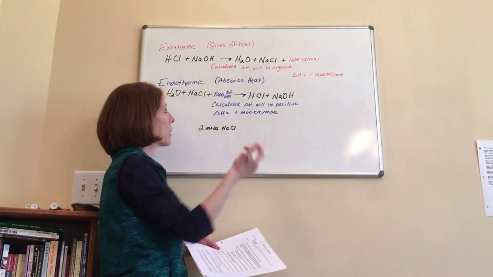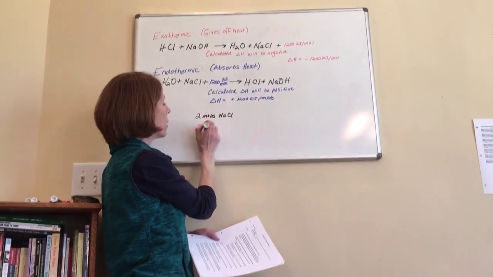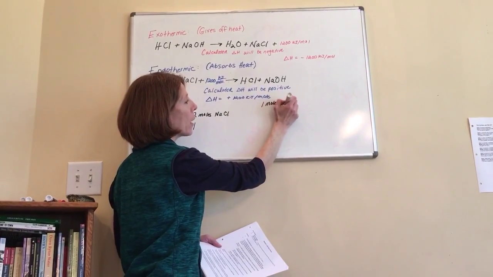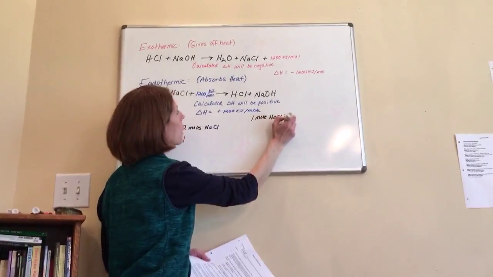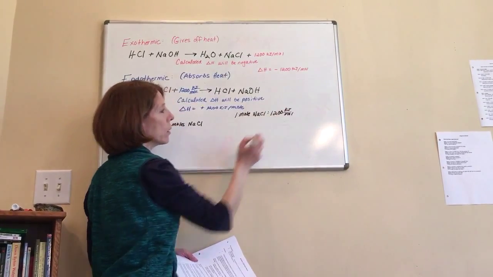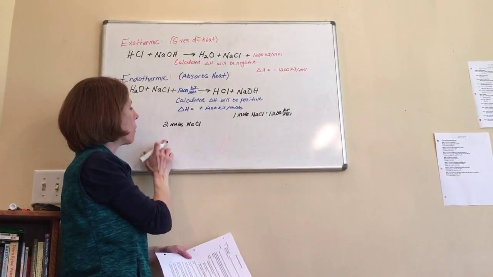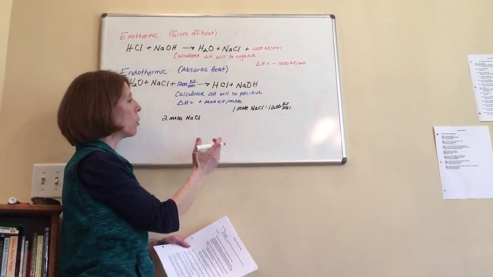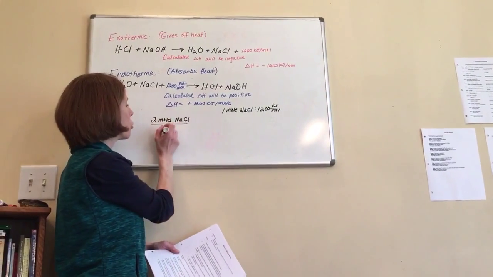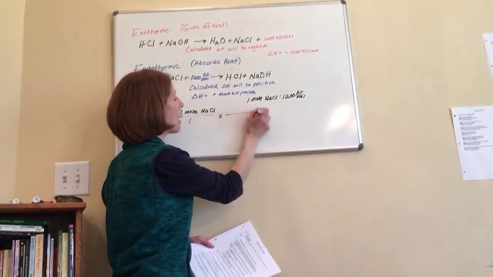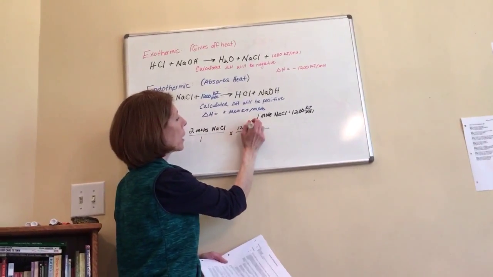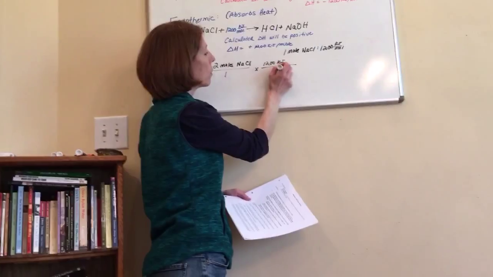Well, that's easy to calculate because I know that for every 1 mole, here's my stoichiometric equivalent, for every 1 mole of sodium chloride, I will absorb 1200 kilojoules per mole. Okay? So if they say, well, I don't have 1 mole, I have 2 moles, how much energy is going to be absorbed? It's just like every other stoichiometric equivalent. 2 moles of sodium chloride times 1200 kilojoules per mole.